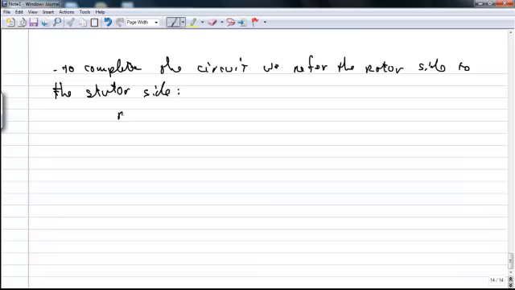Just as a quick refresher, the voltage on the primary, Vs prime equals A Vs, where A is the turns ratio.